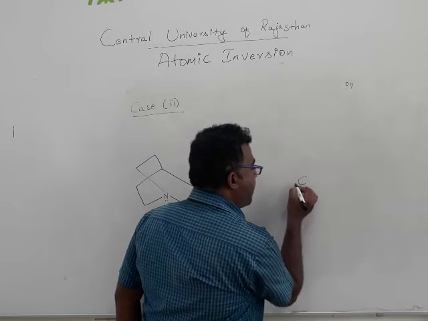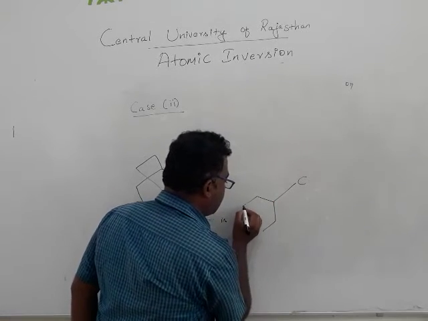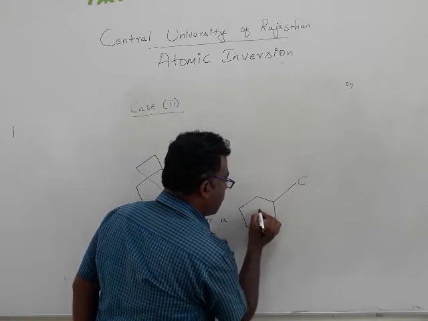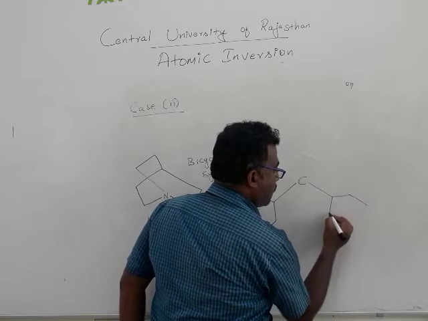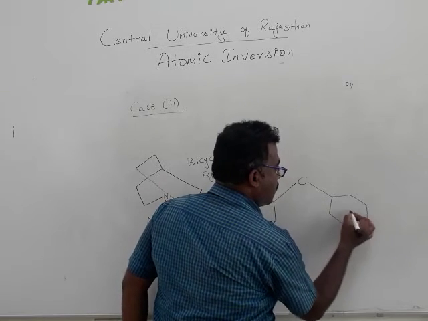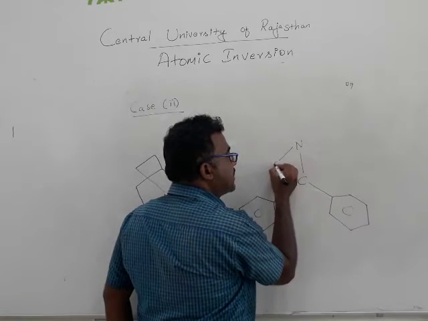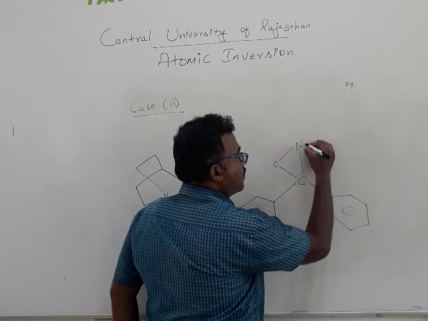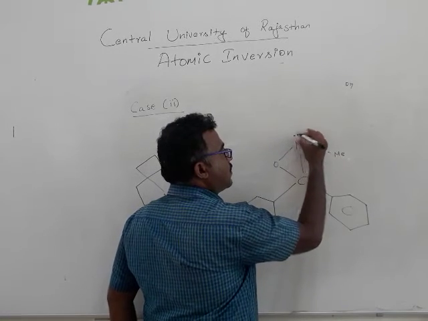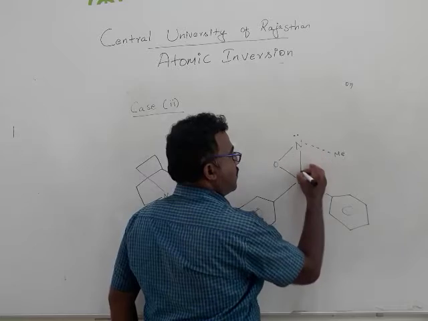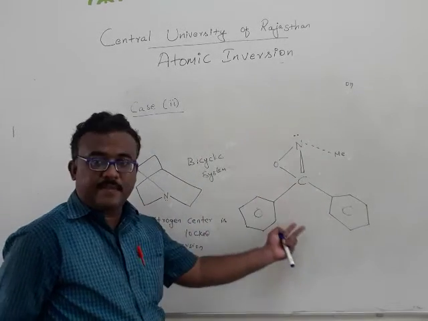Next, I have another similar example. You can see a carbon with two phenyl groups and one nitrogen. Again, this is locked. The answer will be the same here.